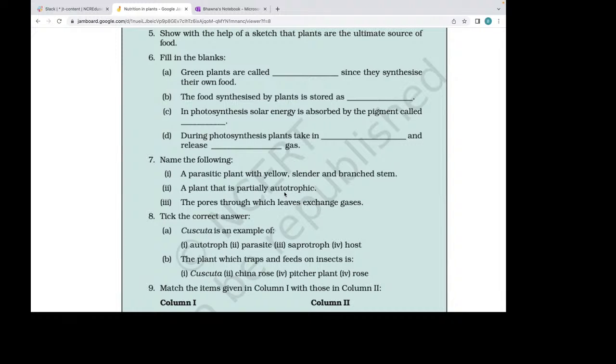Which plant is that which is partially autotrophic, not completely autotrophic? So you must remember we have learned about an insectivorous plant which was the pitcher plant. That eats insects, so it is partially autotrophic, not completely autotrophic. That is why they have said partially autotrophic.